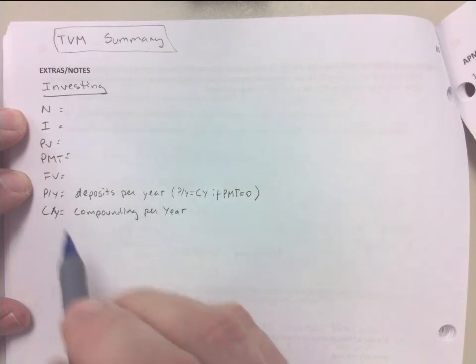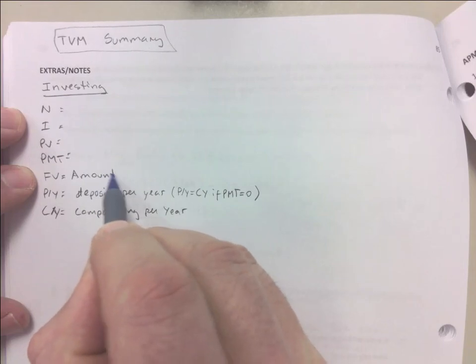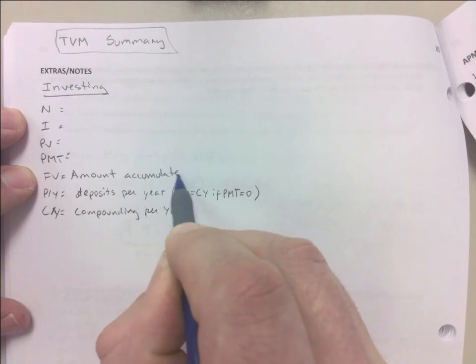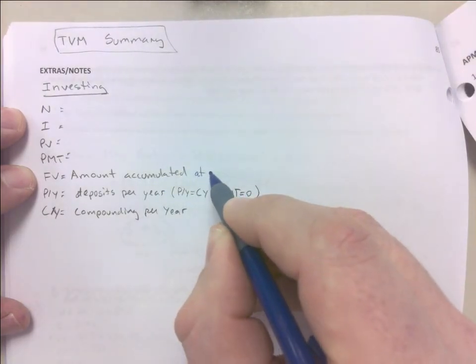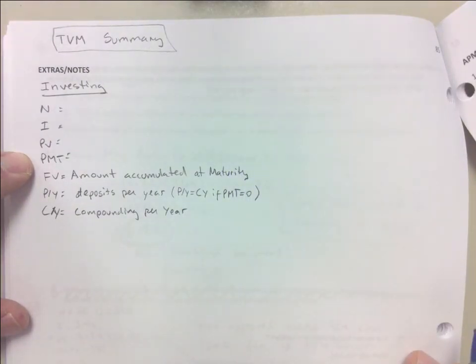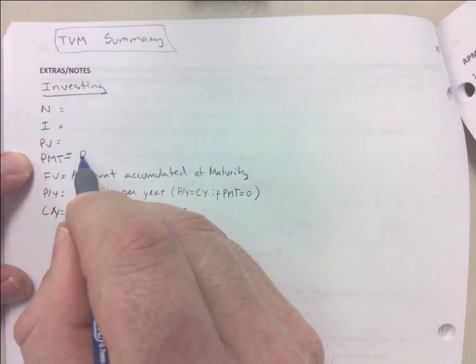Future value, amount accumulated at maturity. PMT is regular deposits.